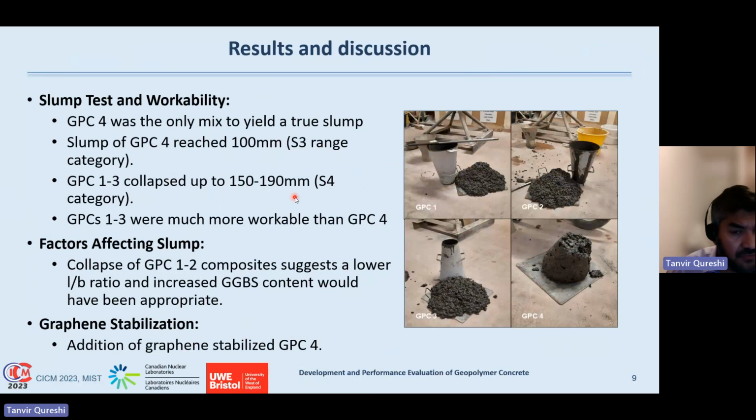The major factors of the collapse were associated with the lower liquid to binder ratios, and we also suggested the increased GGBS content could have increased their workability a bit and retained too much flowability.